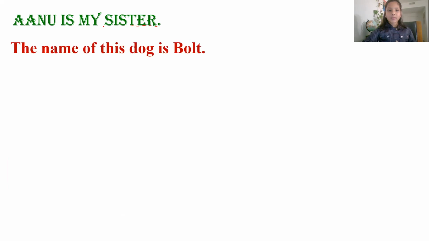Who's the sister? Anu. Anu's a particular name, and sister is just a common name. The name of this dog is Bolt. Bolt is the proper noun because it's a name. And name and dog are both common nouns.